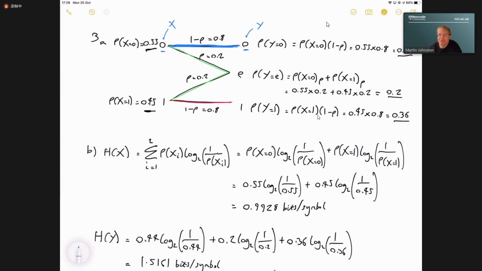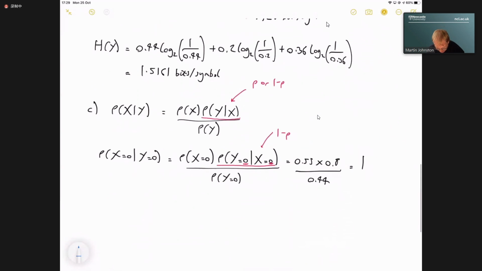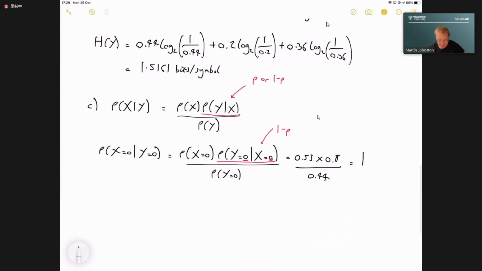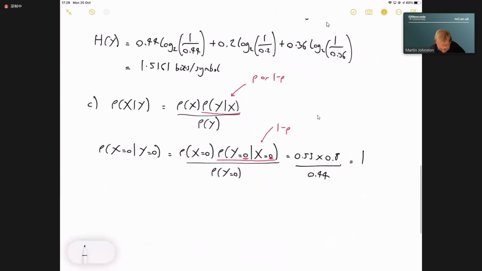I've received y, it's 0, so therefore the probability of x being 0 is 1. So it is absolutely correct. And you'll get the same answer if you calculate the probability x equals 1 given y equals 1. For the same reason, if you've received y equals 1, then the only possible input can be x equals 1. So the probability is 1.